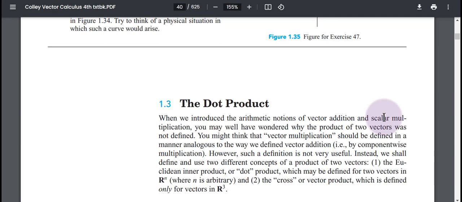We talked about multiplying a scalar times a vector, and we talked about adding 2 vectors, but we haven't talked about multiplying 2 vectors. So there are various ways that we define this, but one of them is called the dot product.